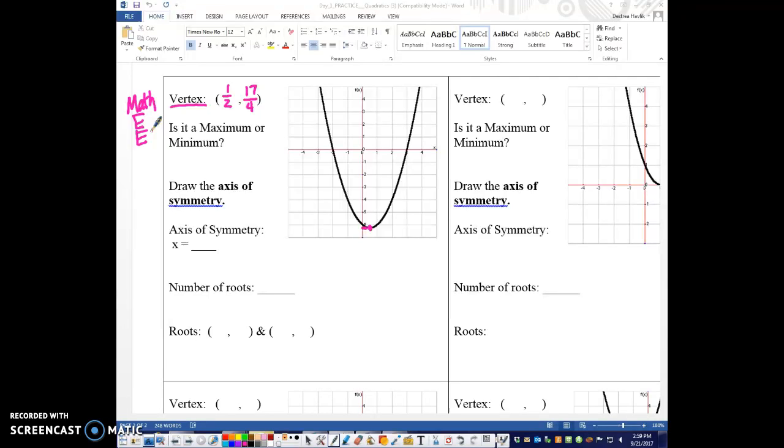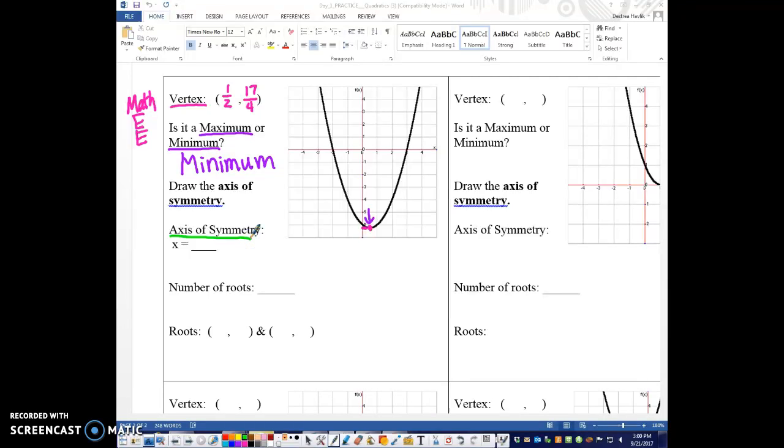Okay? Now, they want to know, is it a maximum or a minimum? Okay? So does it have a very highest point or a very lowest point? This one has a very lowest point. So this would be a minimum. So now we're going to look at the axis of symmetry. Okay, the axis of symmetry.